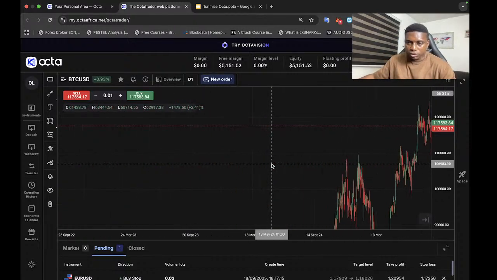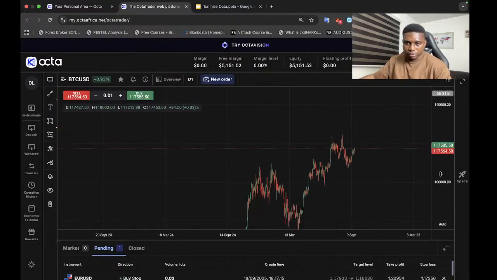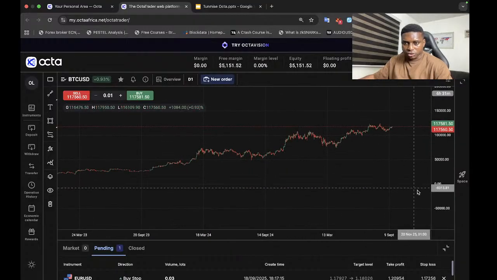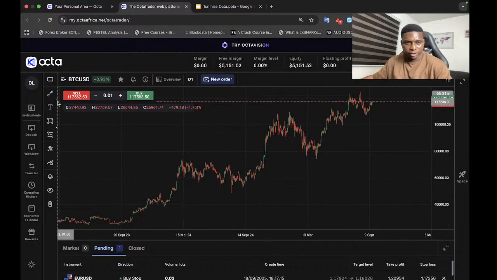Let's zoom in to see the landscape of price. All right, so we can see how price has been moving.